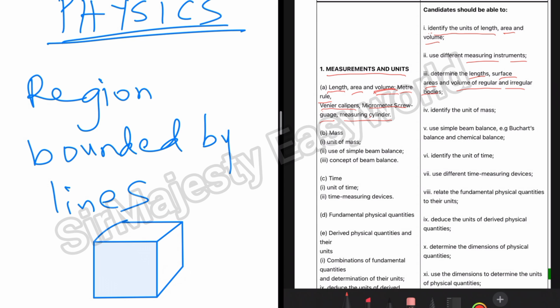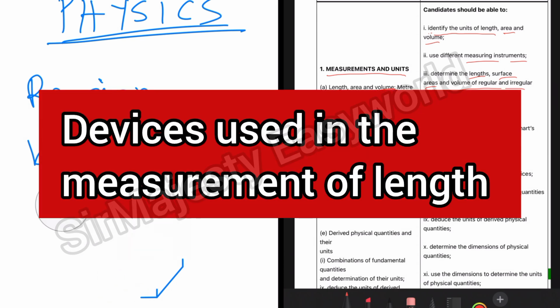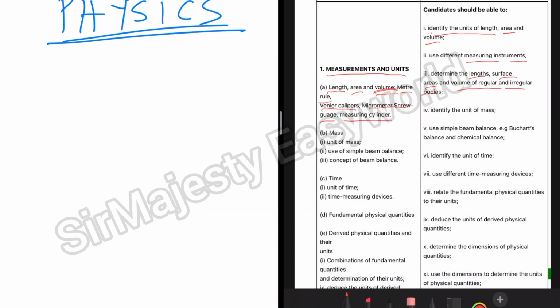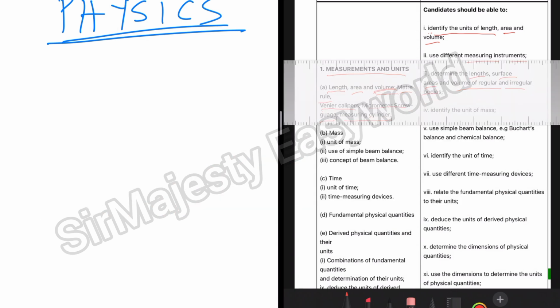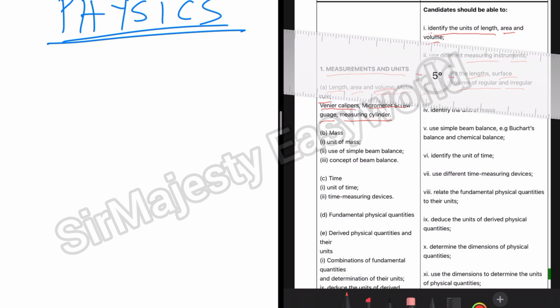Now let's go over to the materials we use to measure length. What are the materials we use to measure length? Number one is what you call a meter rule. On the right side of the screen, you can see this meter rule. If I want to use this meter rule to measure, for example, the distance between this line and this line, these two lines that form this column, I take my meter rule.